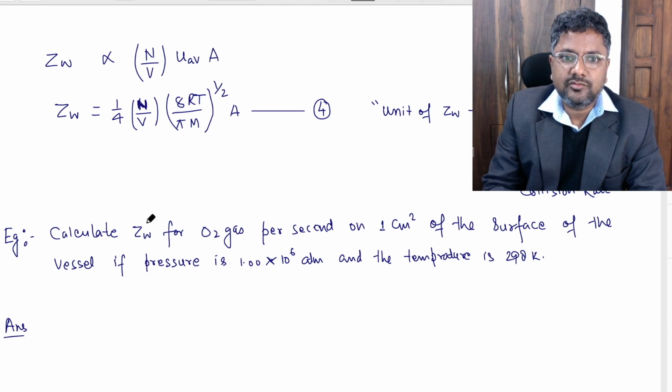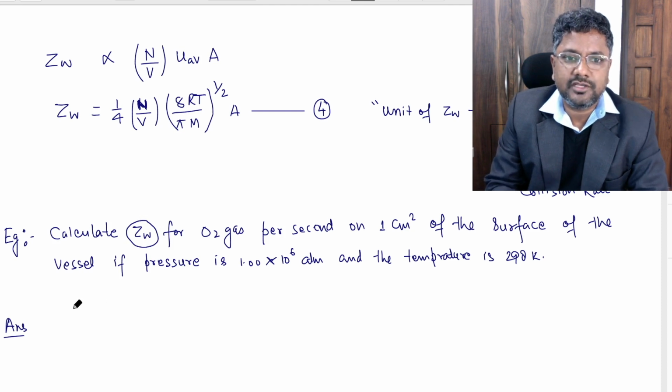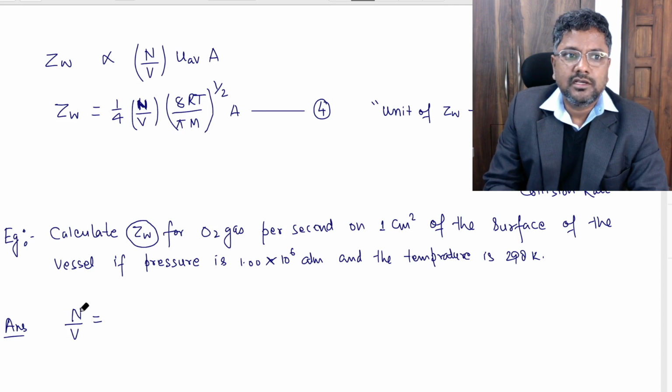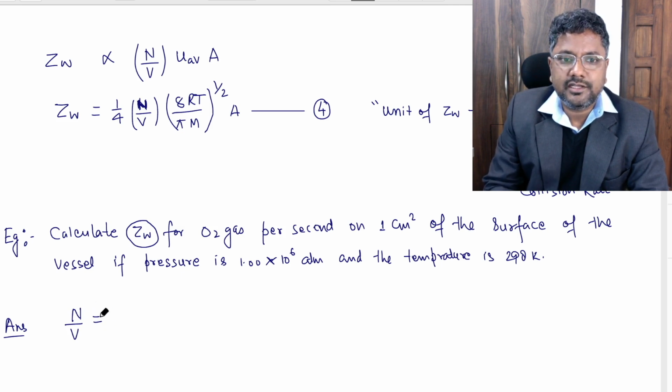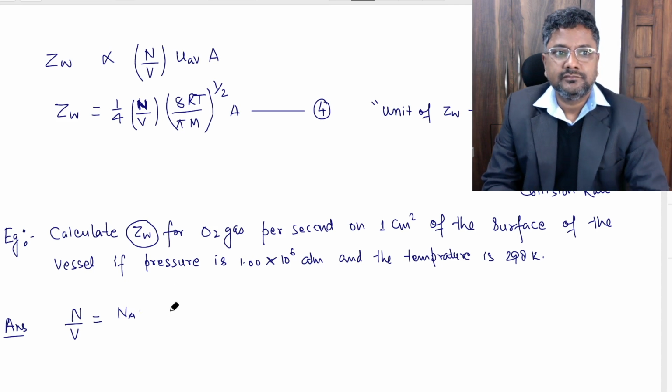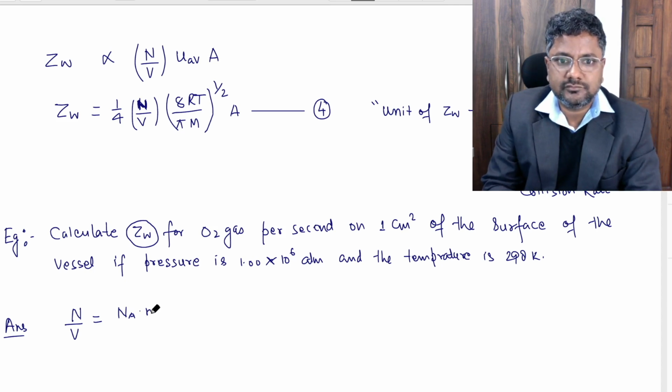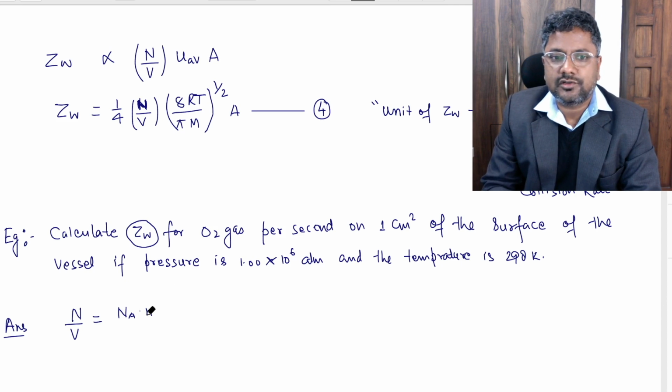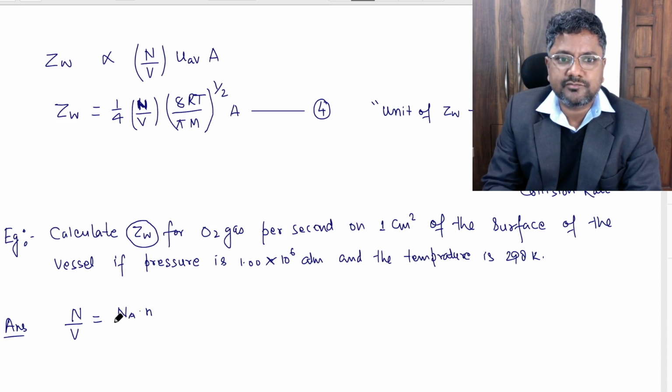Now see, we have to calculate ZW. For ZW, first we have to evaluate N by V. So N by V is equal to N A into n by V, where N A is Avogadro's constant and n is the number of moles. In place of n, we can put P by RT.